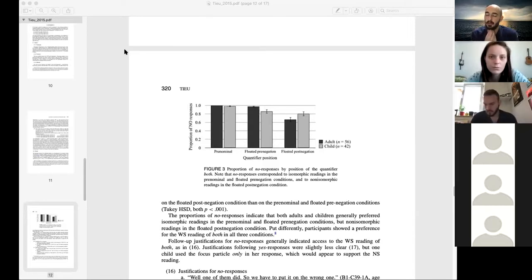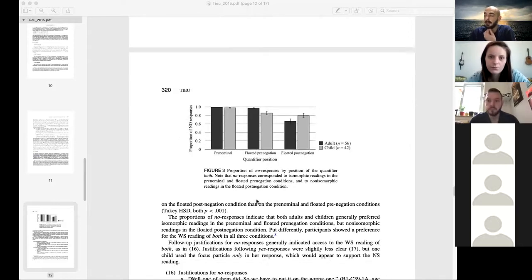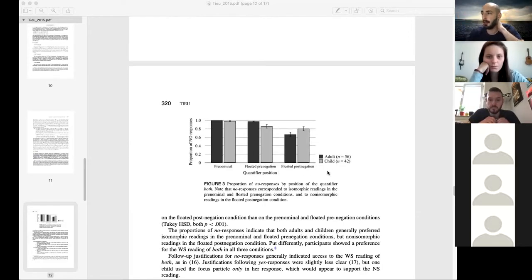Because we also have 4 trials per condition, you can better investigate smaller effects. So maybe if they had 3 times more participants, they would have found an interaction between the floated pre-negation and the floated post-negation effect, right? So that's a very good comment.